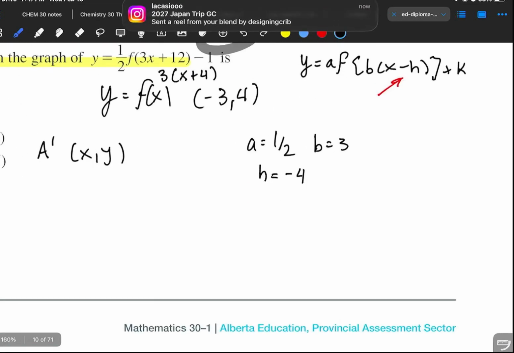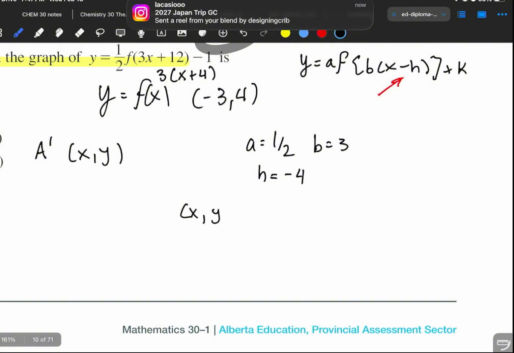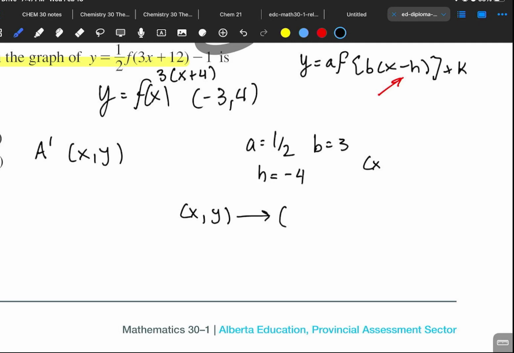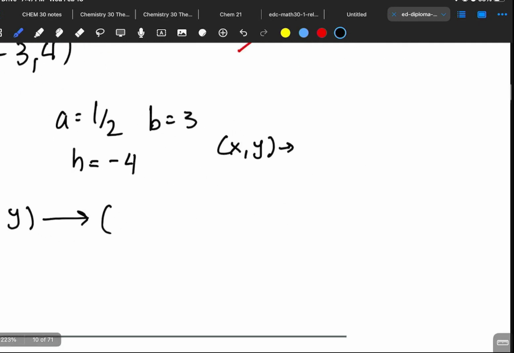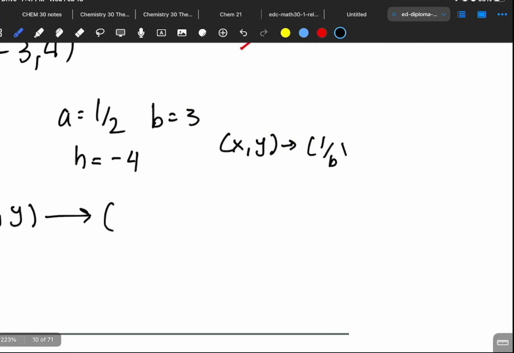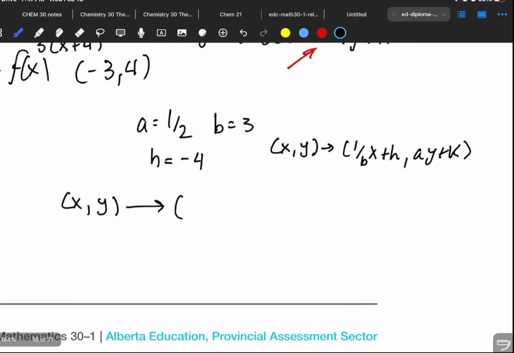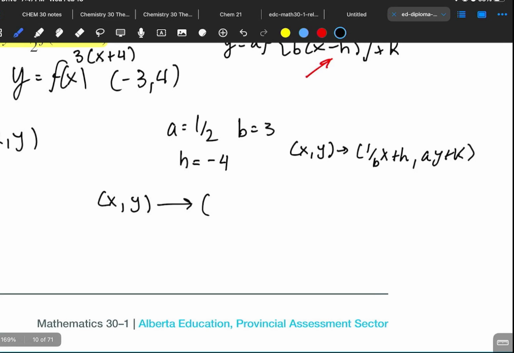So now that we have these parameters, I could write out my mapping and say that x, y turns into, for mapping, 1 over b times x plus h, a times y plus k. And that's really important to take note of, because our b value is 3 right now. So if you were to follow this formula, we have 1 over 3 times x plus h, and our h value is -4.